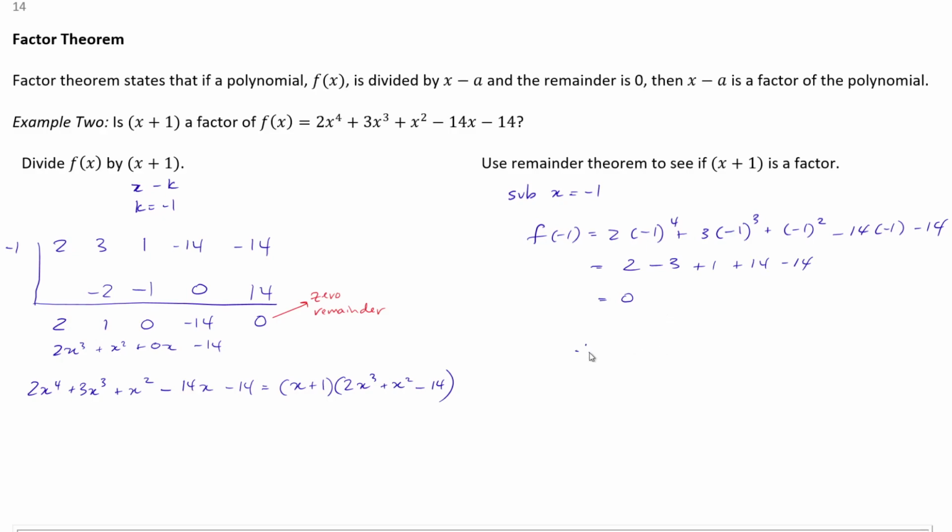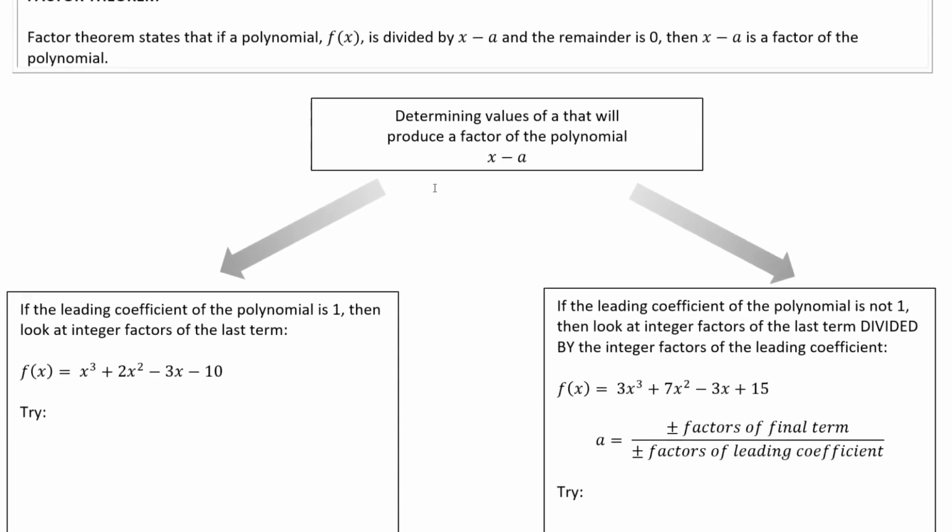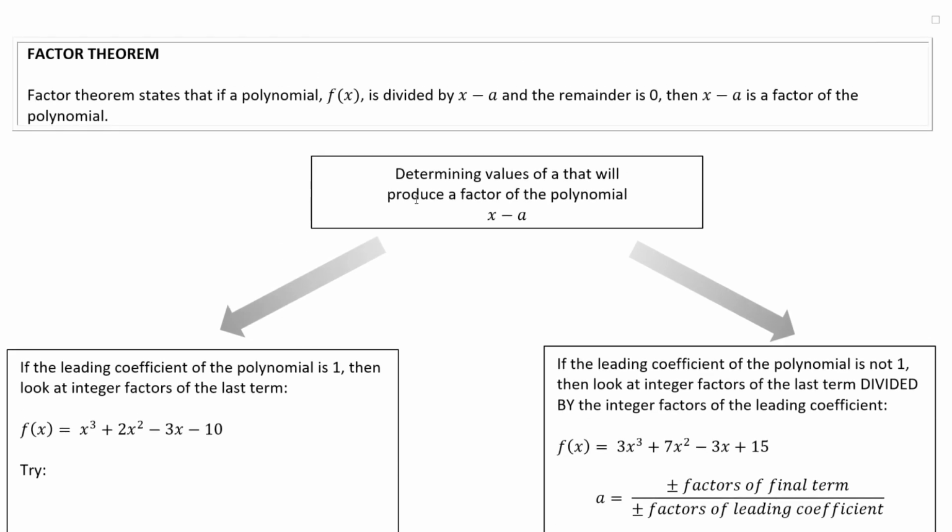So therefore, x plus 1 is a factor since f at negative 1 returns a remainder of 0. Okay, and that is in fact our factor theorem.